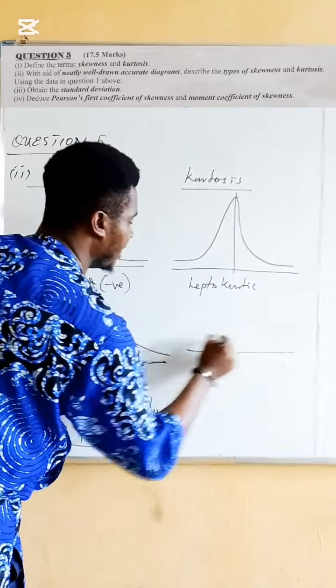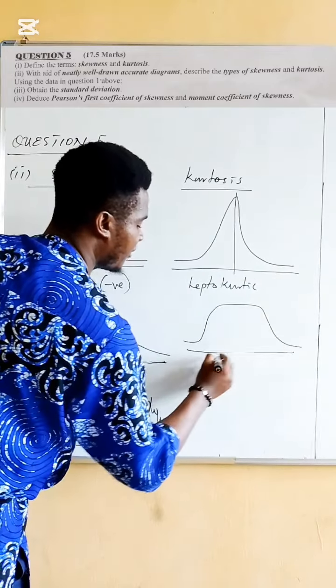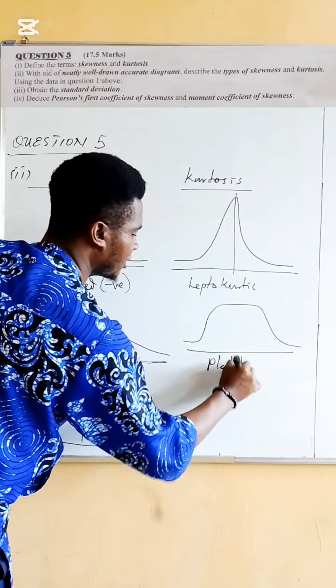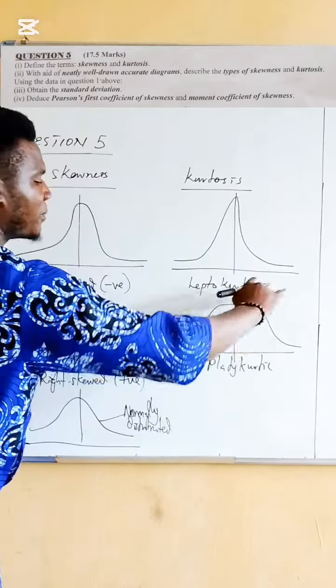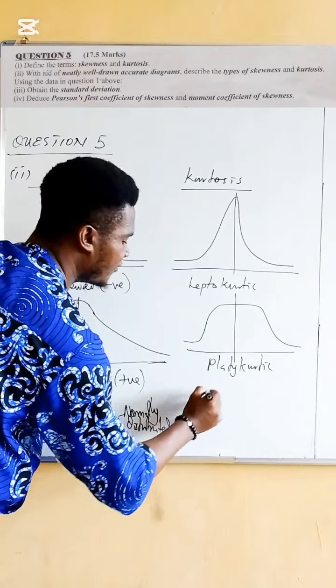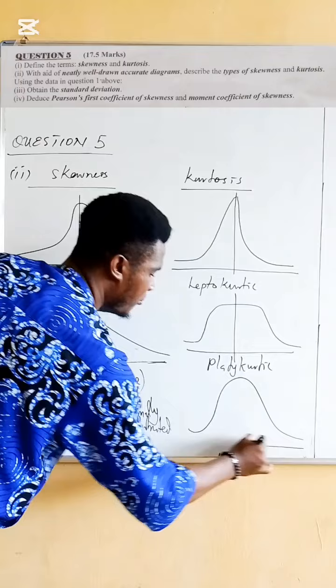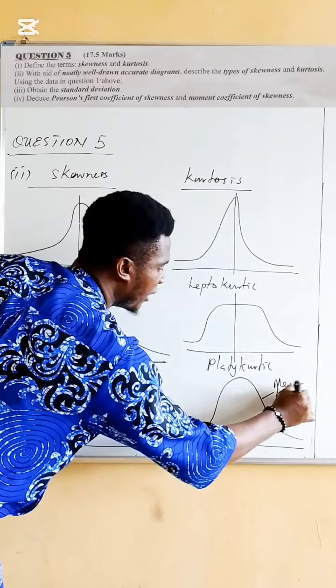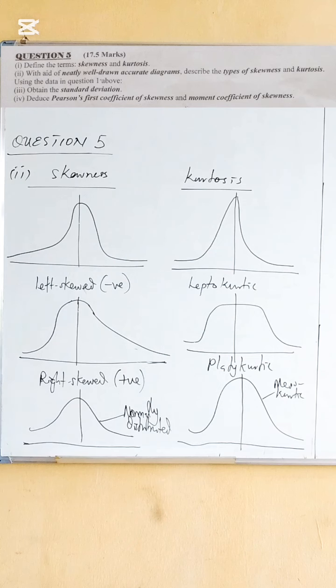Then we have another case called platykurtic, in which case you have the top flat, and we also have the case we call mesokurtic, otherwise called normal distribution or normally distributed. So these are the possibilities under skewness and kurtosis. Let's go to the next question.